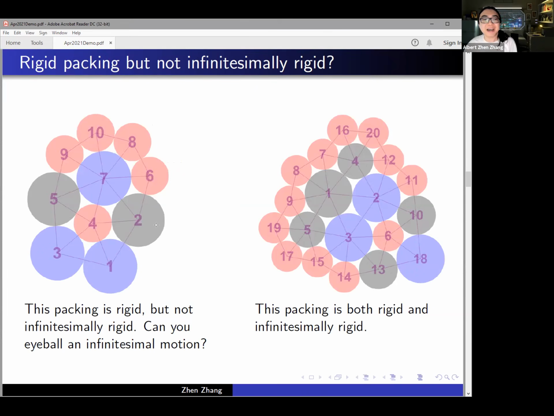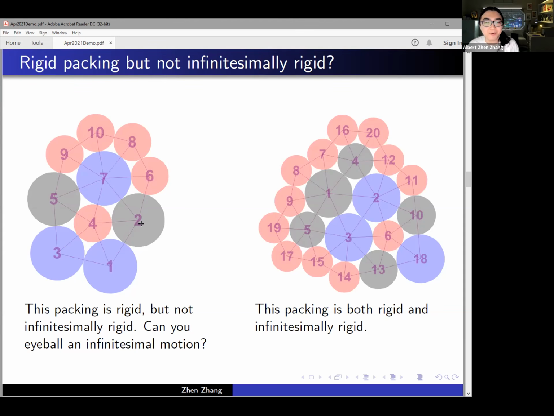It's probably not easy to eyeball how you can assign a growth factor to each disk or shrink factor so that all the red disks are growing in size, all the blue disks are shrinking in size, while the two gray ones can be anything, they are free.